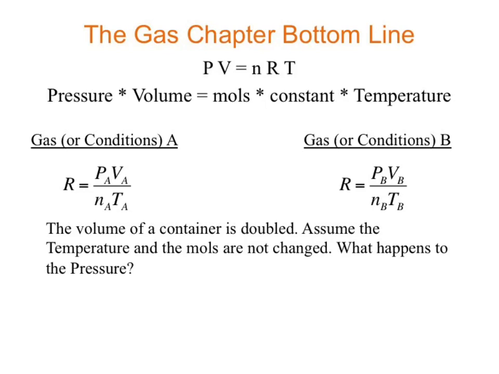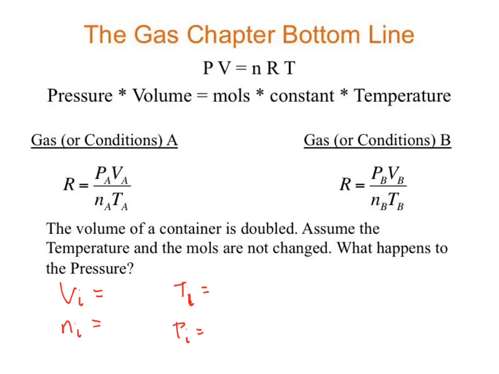If you don't see that right away, that's fine. That's where I would argue these conditions can come in handy. Volume of a container is doubled. So really what we've got is an initial volume, an initial moles, an initial temperature, and an initial pressure. We aren't told what any of those numbers are, but we are told a little bit more information.